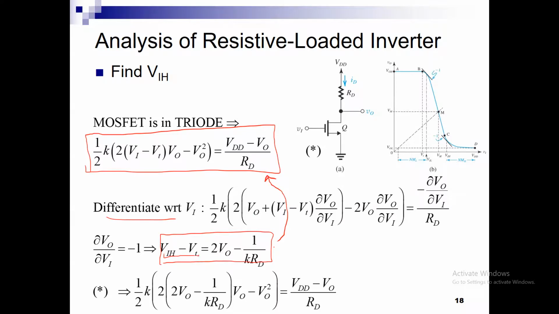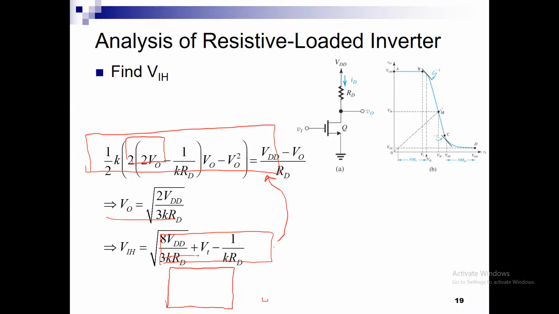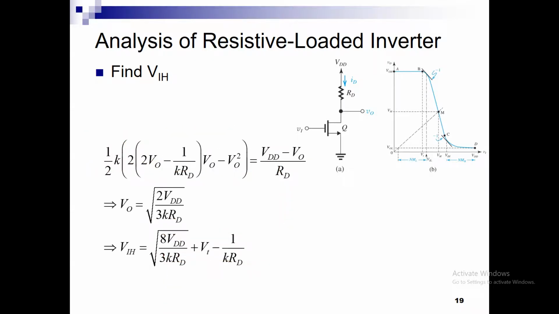I will change it here, and I will end up with this complex equation star that is only in function of Vo, and therefore now I can solve for Vo and obtain the solution for VIH, which ends up being this equation here. Okay, so this is the equation for Vo, and this is the solution for VIH.